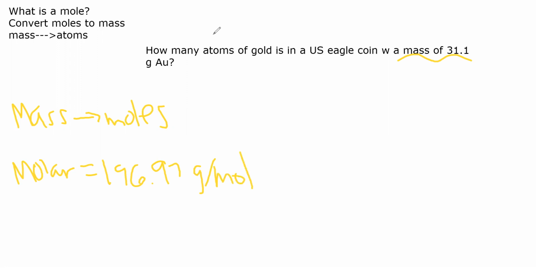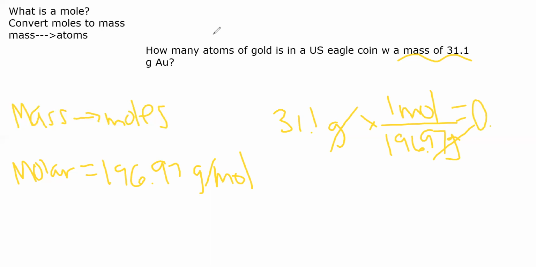So all we have to do, multiply 31.1 grams times 1 mole over 196.97. I put grams on the bottom so they cross out, and we get 0.158 moles. Sorry, I'm running out of room. Okay, so that is how many moles we have.